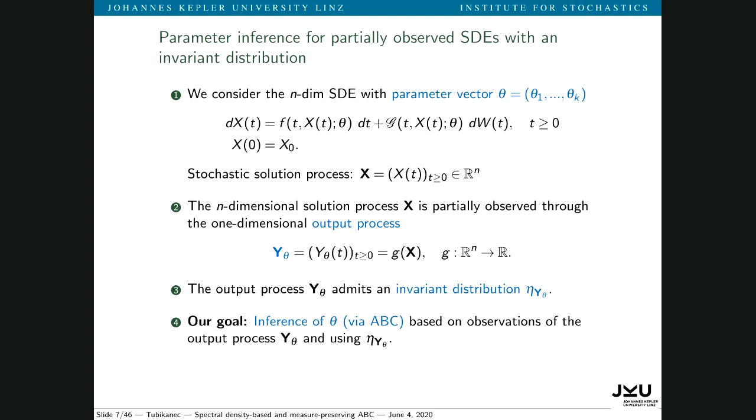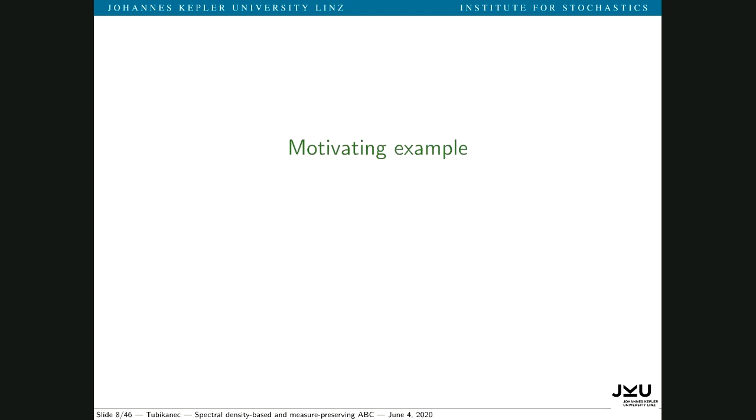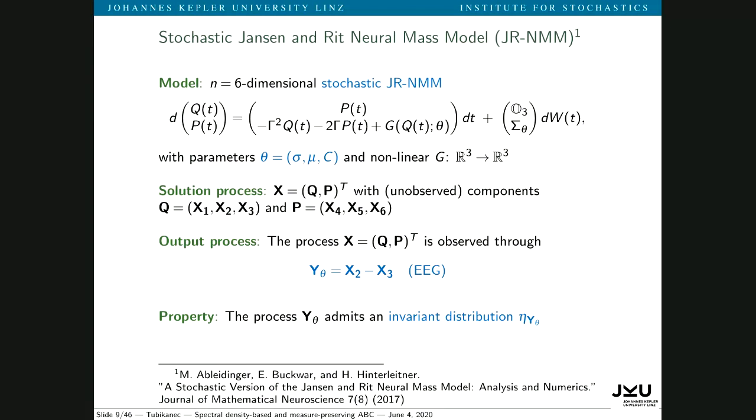Okay, so to make this setting even more clear, I will introduce a concrete example, which is the one that actually motivated the work that I'm presenting today. It is the so-called stochastic Jansen-Rit neural mass model. It's a model applied in neuroscience, and it is of so-called Hamiltonian type.